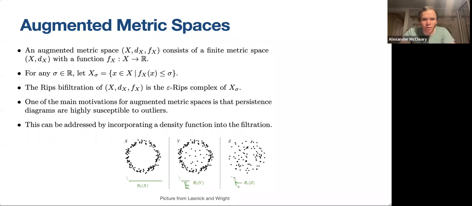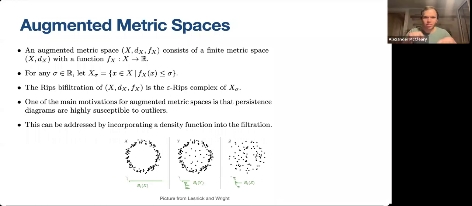So if we look at this picture here, we have 3 data sets. X is this data set on the left, and these are points that are sampled from a circle with some noise. And we can look at the barcode here. The barcode for one-dimensional persistence is telling us essentially that we have one hole, right?